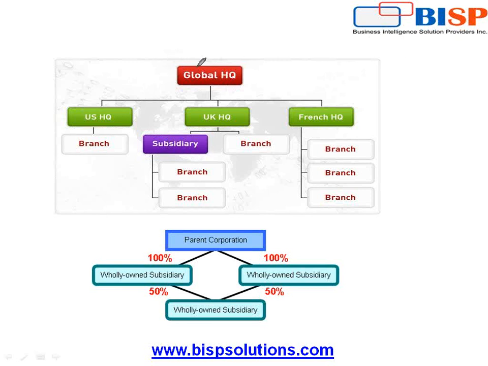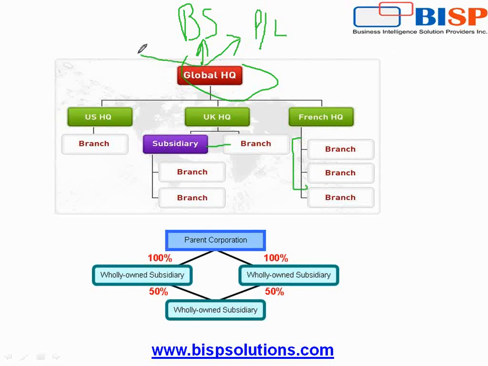Parent company, multiple subsidiaries, which in turn have multiple branches, but there has to be one version of the balance sheet. You have one integrated balance sheet, one integrated profit and loss statement, and you may have one integrated cash flow statement. You may acquire 100% stake of another company, so you wholly own it.